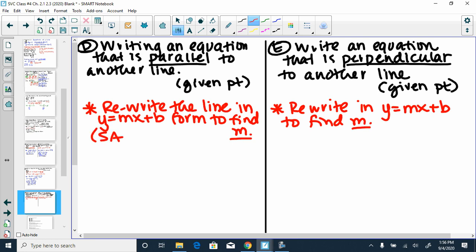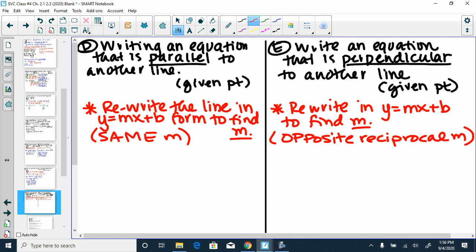Same slope, and over here is going to be opposite reciprocal, and we'll talk about that very shortly. Once you do that, then you are going to use point slope. So use y minus y1, and you're going to write your equation, in both cases.